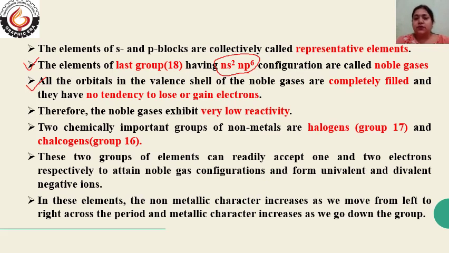These two groups of elements can readily accept 1 and 2 electrons respectively to attain noble gas configuration, and usually they form univalent and divalent negative ions. In these elements, the non-metallic character increases as we move forward. So these are some common facts about the s and p block elements.